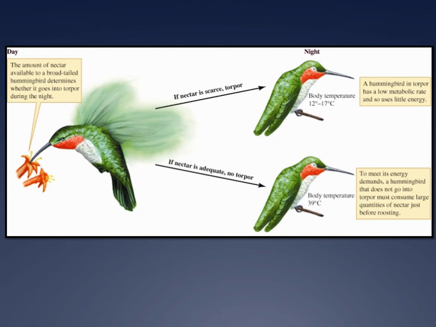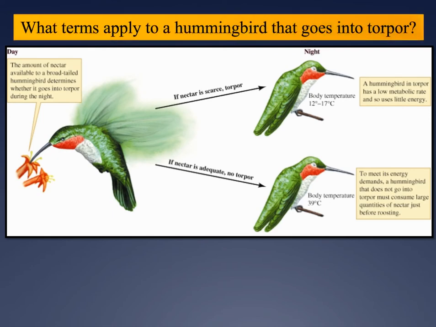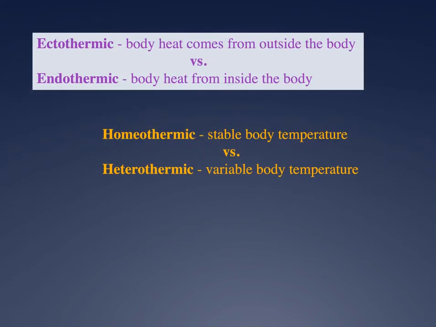So I'm going to clarify that. At the top right, instead of being a homeothermic endotherm, it's a heterothermic endotherm. Okay. And so the answer, what terms apply to a hummingbird that goes into torpor? It's an endotherm still, but it's a heterotherm. So go back a slide just to review what those terms were. When a hummingbird lets its body temperature drop, it's still an endotherm, but it technically is a heterotherm.